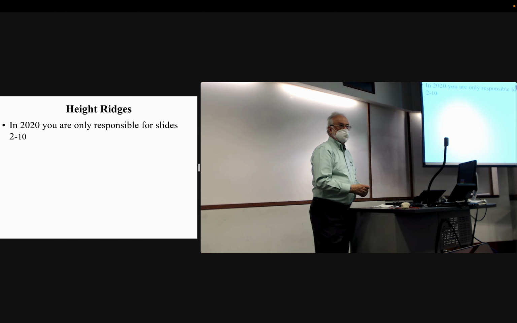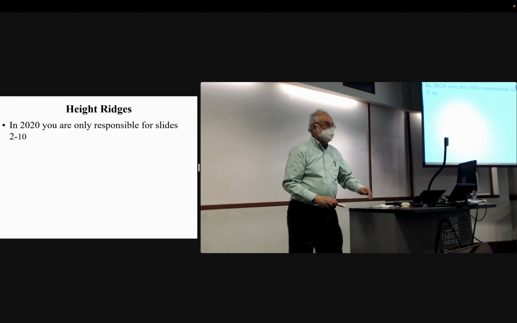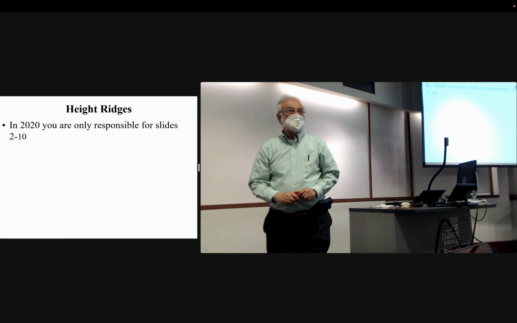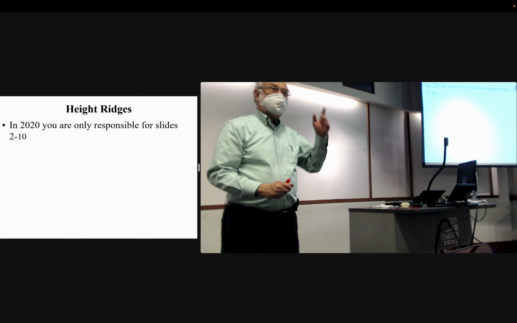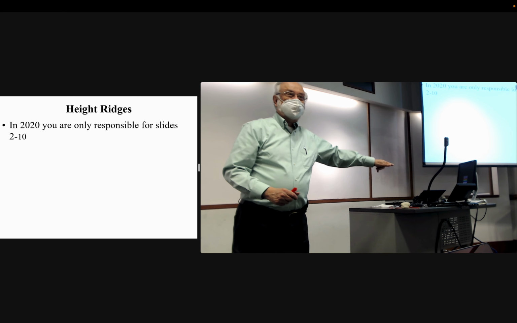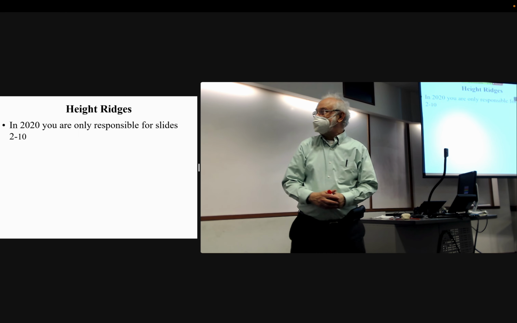Realize, though, that the ridge is not on the clay. The ridge is on the table. It's a locus of positions in xy above which you have this ridge property in height. Do you understand that? It's easy to think that the ridge is up there on the function. It's really down there on the table.